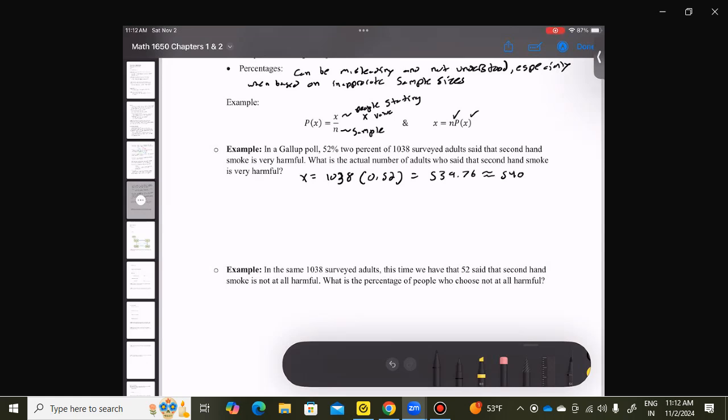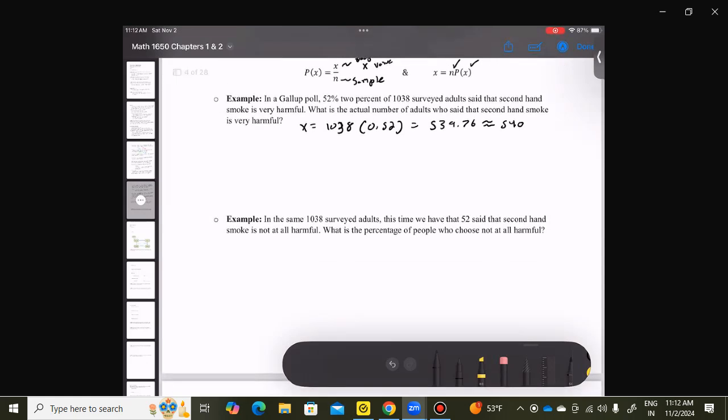Now this is different than if we were to say 52 people said that secondhand smoke is not at all harmful. This would be, well, X is 52, N is 1,038, so our percentage or proportion is 52 over 1,038.